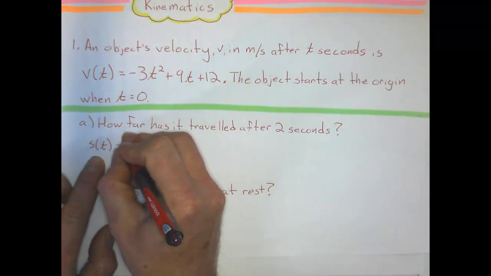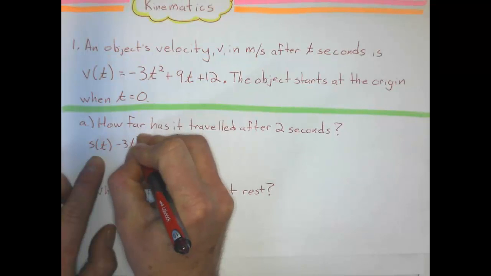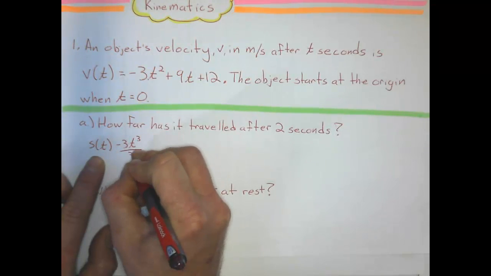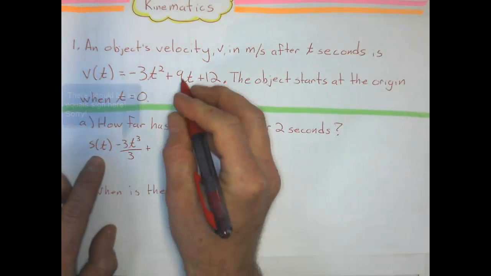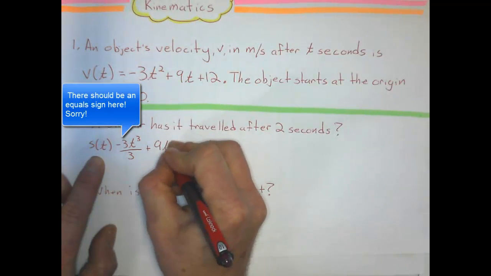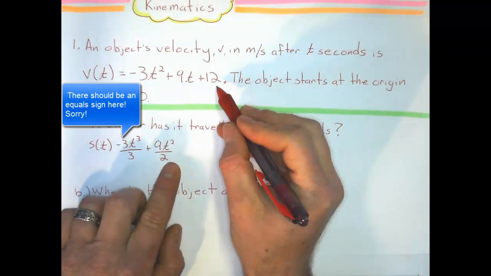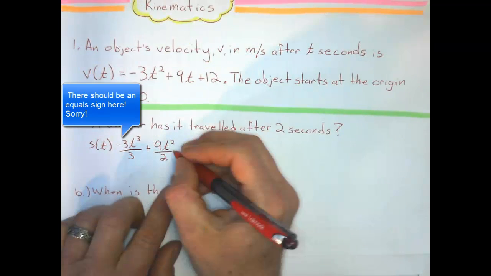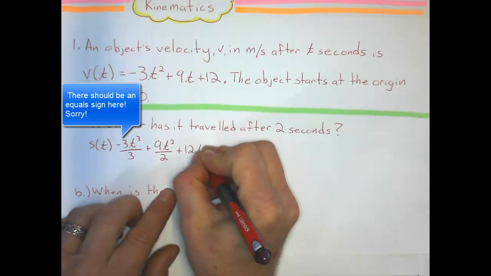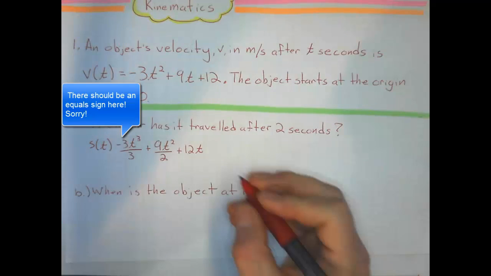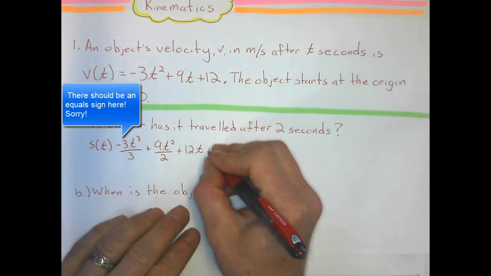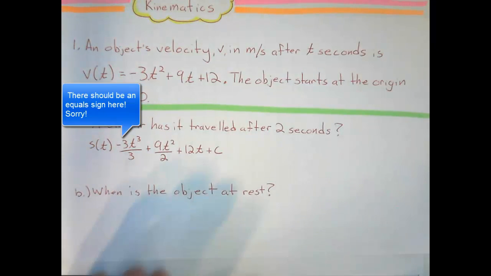So that's negative 3t, add 1 to the exponent, divide by that new exponent, 9t squared, divide by that. We anti-differentiate a constant, it's just plus 12t, and then always remember, we cannot find that constant term at the end, so it's plus c.